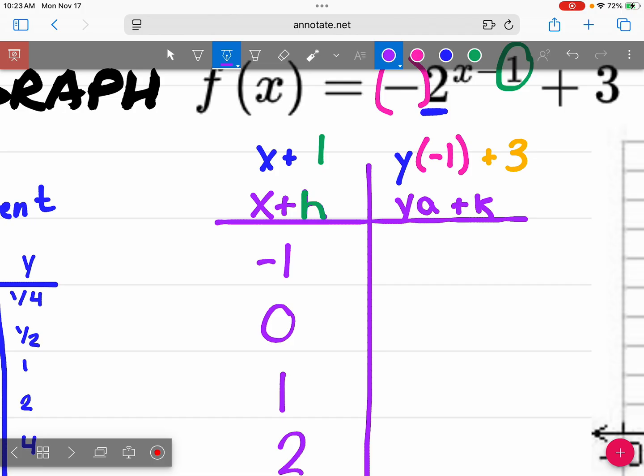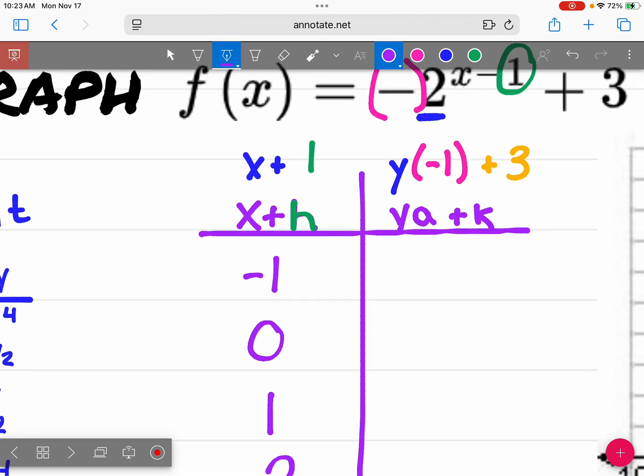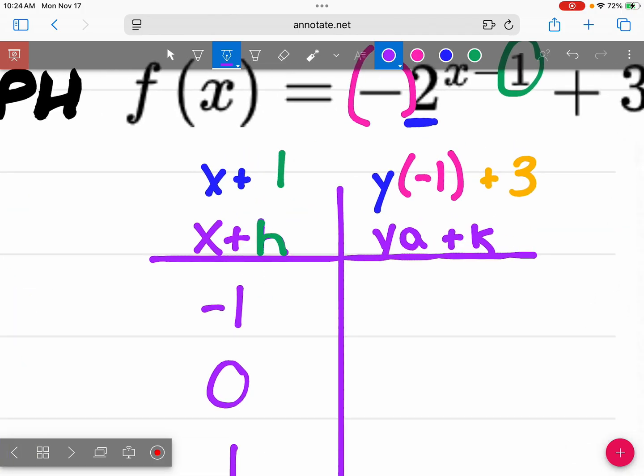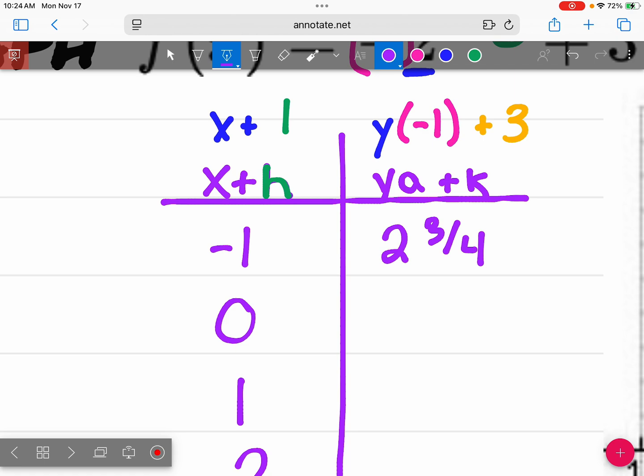So 1/4 times negative 1, we get negative 1/4 plus 3. 2 3/4 or 2.75, 2 3/4. 1/2 times negative 1, so negative 1/2 plus 3, we get 2.5 or 2.5. Genuinely, I do not care if you do decimals or if you do fractions. On graphs, it does not matter.